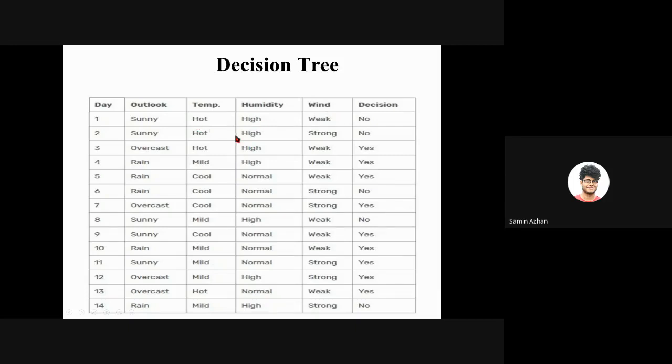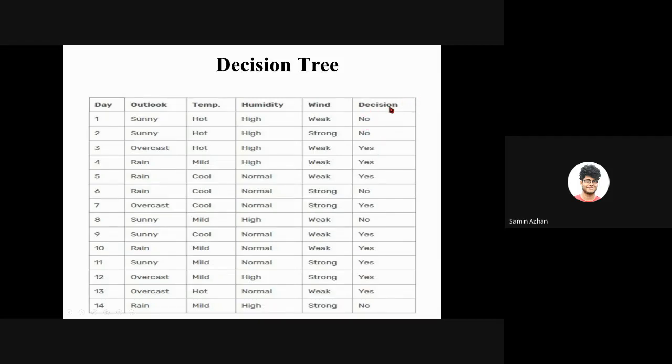In this training data set, the features are outlook, temperature, humidity, and wind. And this is my label, what we have to predict for unknown data in the future.